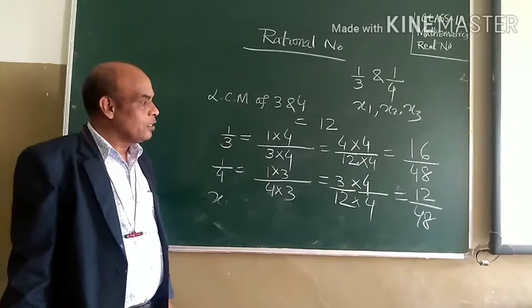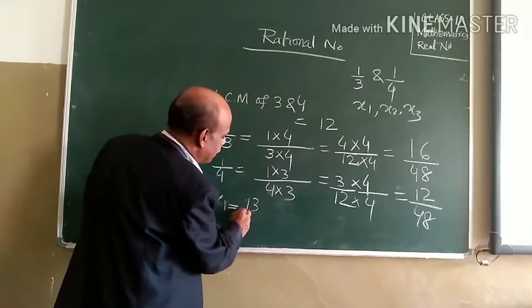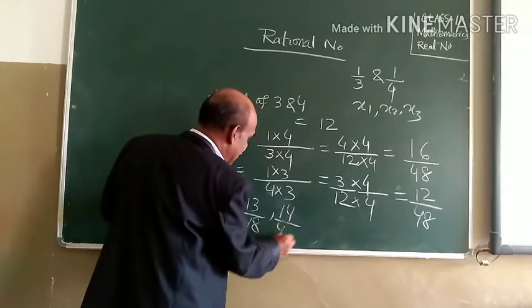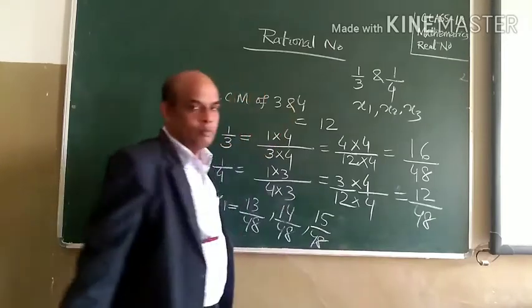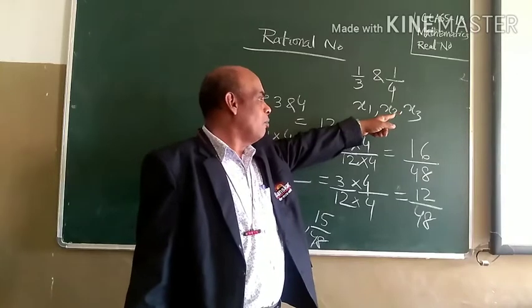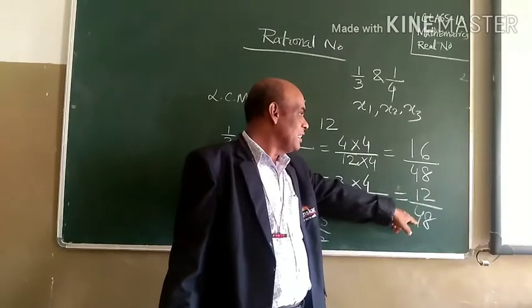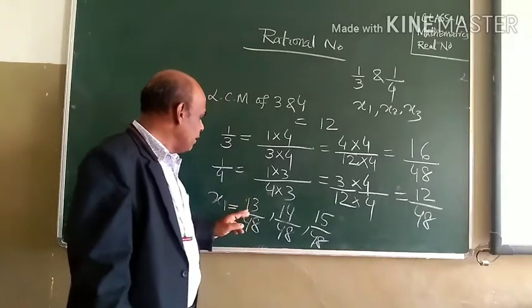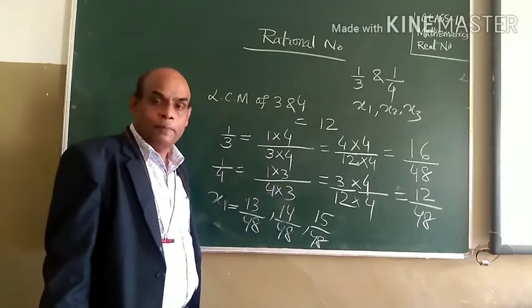So now you see, we can write the first number will be 13 by 48, the second number will be 14 by 48, the third number will be 15 by 48, because you require 3 rational numbers. So if the two numbers are 12 by 48 and 16 by 48, we can insert in between them 13 by 48, 14 by 48, 15 by 48.